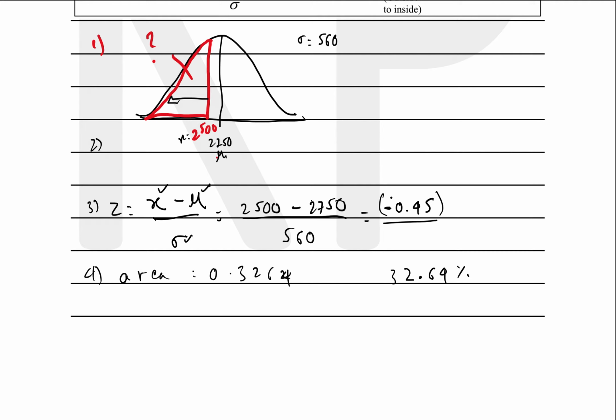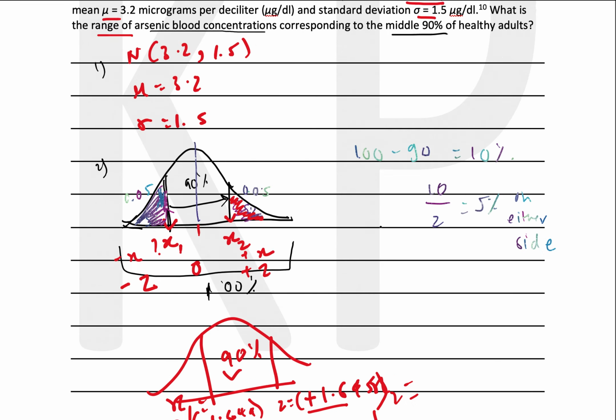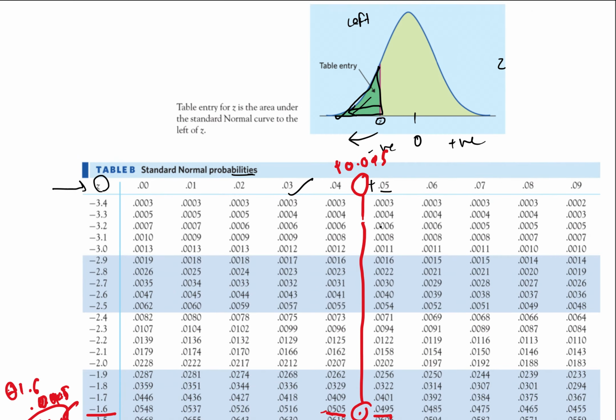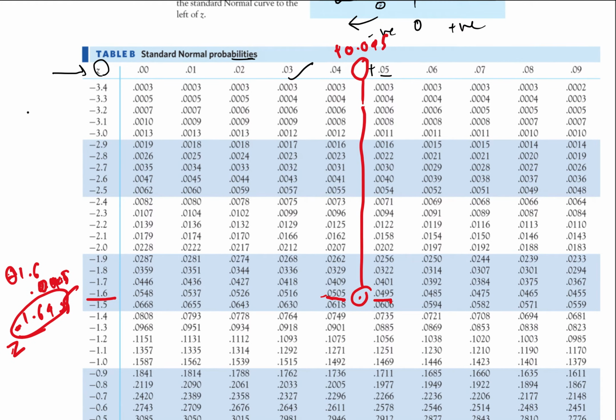Now, using this score of z equal to negative 0.45 and making use of the table from outside in, how should we find this area? So let's go to the table. This is the table.